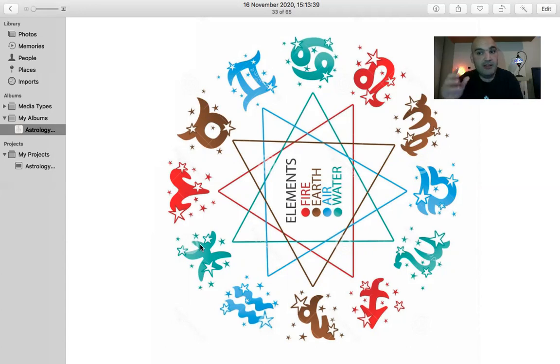And the reason why it's in that particular order is because it goes from the least dense, which is fire, to the most dense, which is earth, and then it goes to the next least dense, which is air, and then after that is water. So it goes fire, earth, air, water, and just keeps going around.